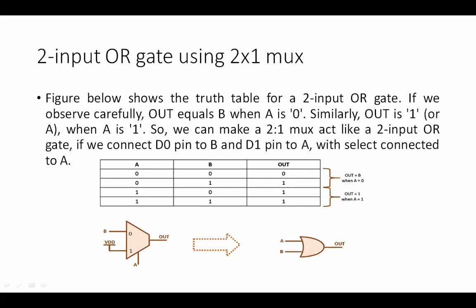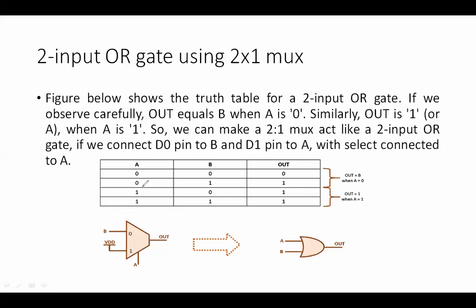Oh yeah, this was NAND. Yeah, this is OR. So you can see here output is equal to B. Then when A is equal to 1, output is also equal to 1. So you have to see the truth table properly and understand how they are related.